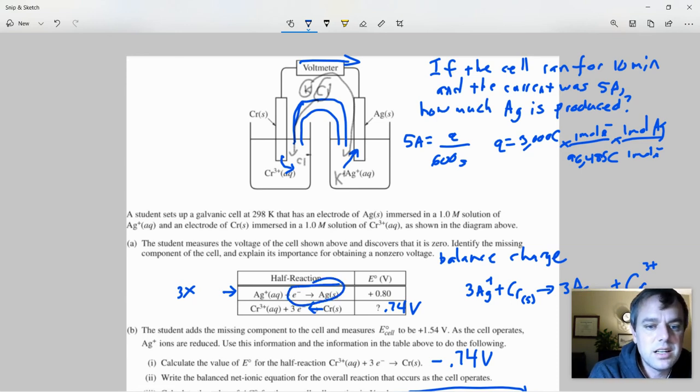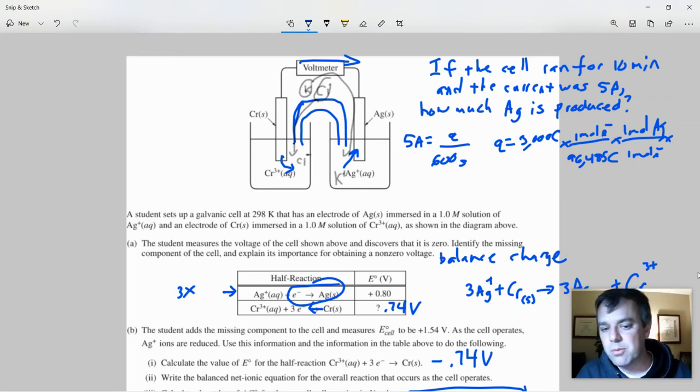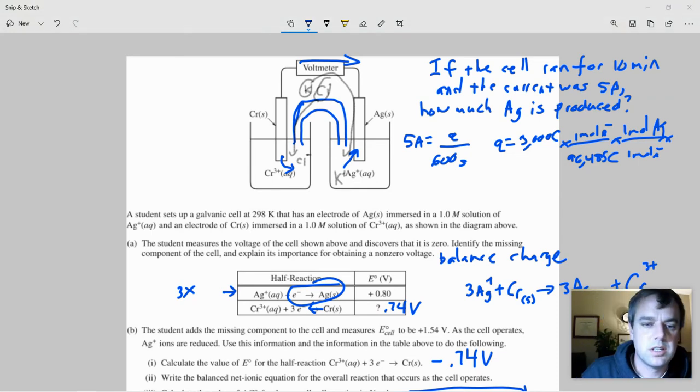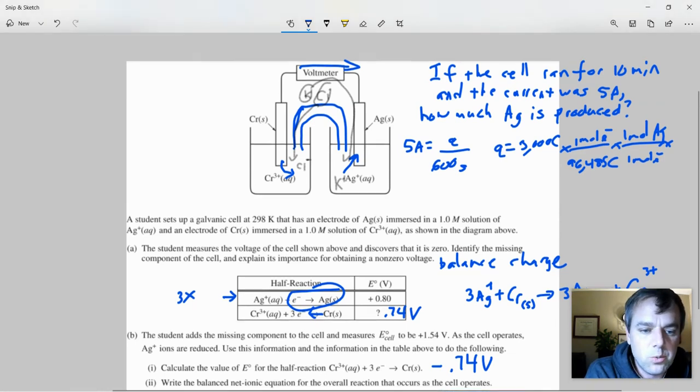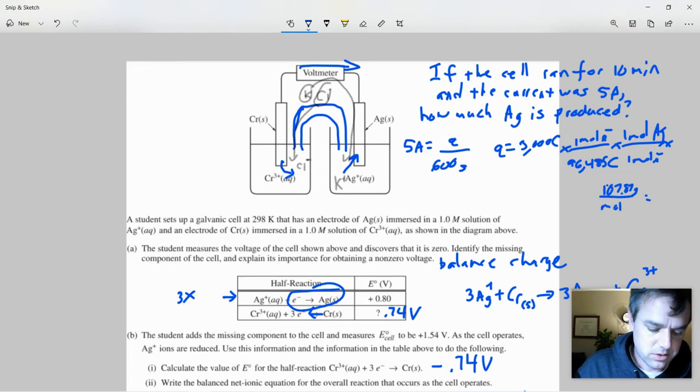And then we would multiply this by the molar mass of silver. So that would be 1, multiplied by 107.87 grams per mole. So that would give us a total of 3.4 grams.